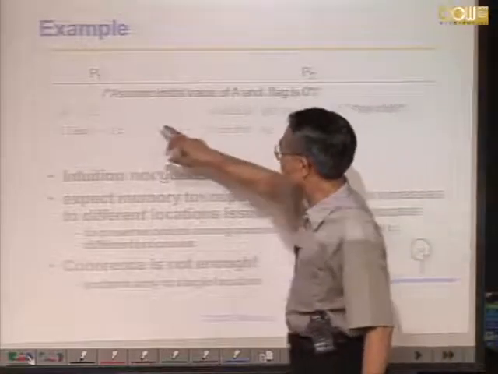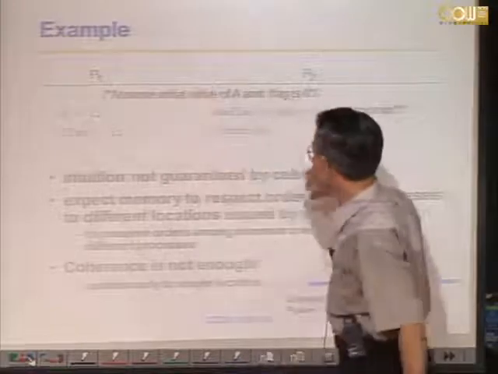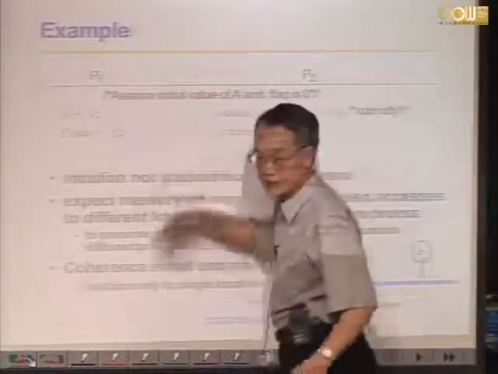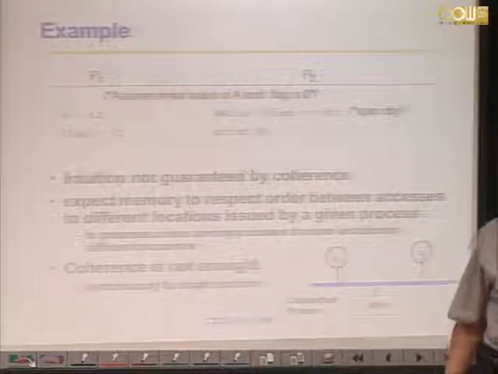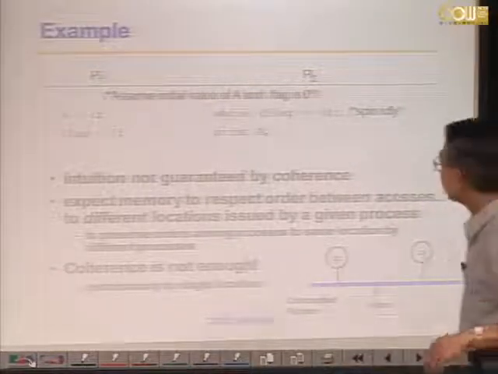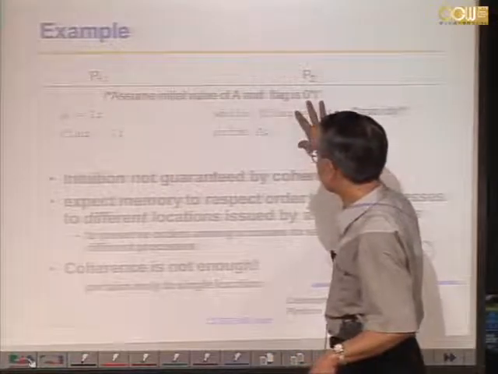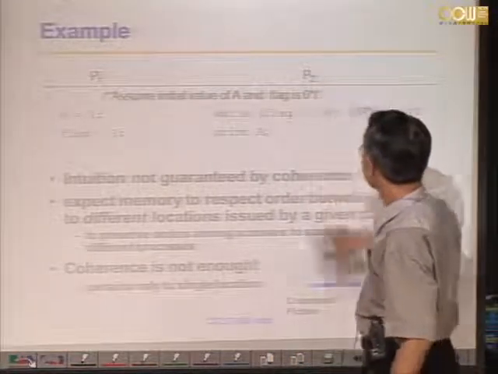Will this print out 1? I don't know. Will it print out the original A value? No telling. Okay? So if you write a program of this kind, then it's very confusing.